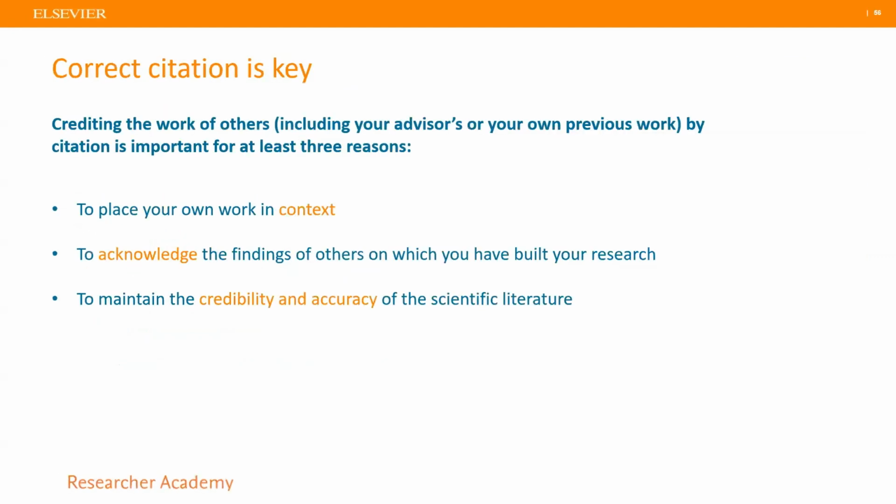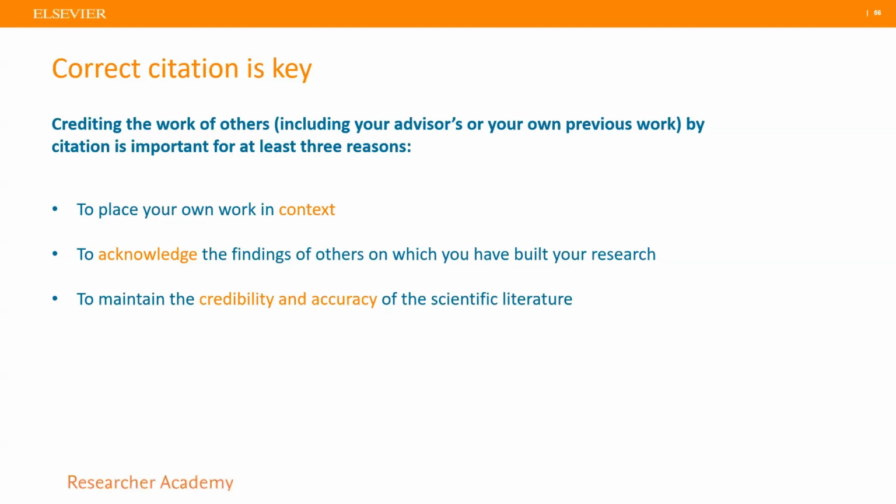So one thing to underline here is that correct citation is really key. Giving people that have worked on this problem alongside you or before you the correct credit by citing their papers, citing their research, puts your research in context, right?